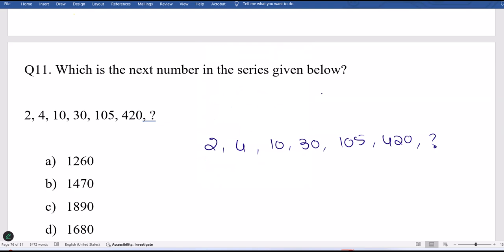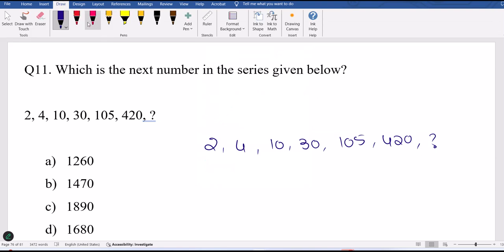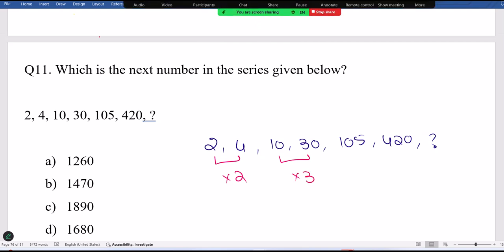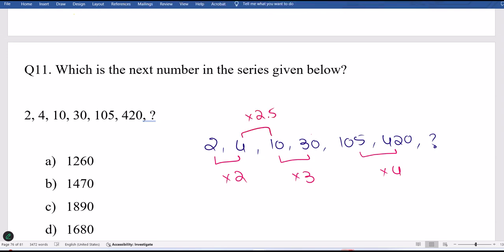Multiplied by 2, 2.5, 3, 3.5, 4, 4.5. Excellent. That's what is typical. This is multiplied by 2, multiplied by 3, multiplied by 4. This is multiplied by 2.5, 3.5, 4.5. So which is 1890.